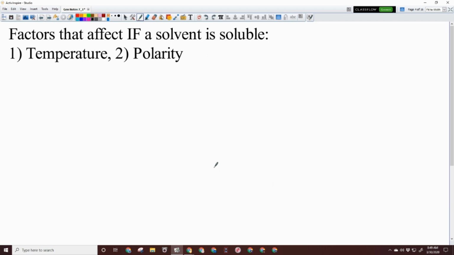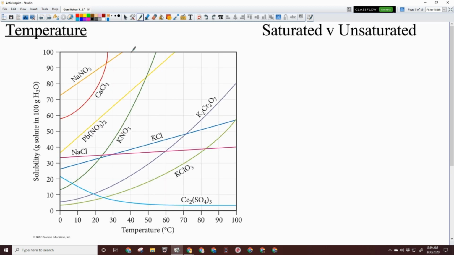Now, as I mentioned before, if the temperature is really, really low, then things may not dissolve. We're going to see a chart about that here in just a second. And polarity just means you can think about it as the charge of the whole molecule as a whole. And we're going to talk about that after we talk about temperature.